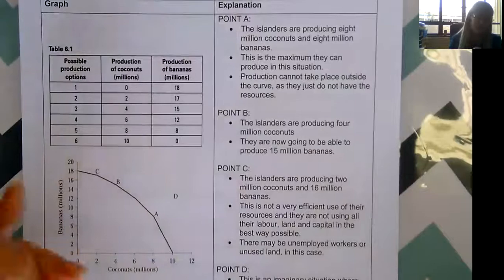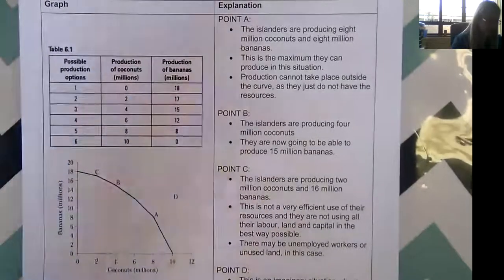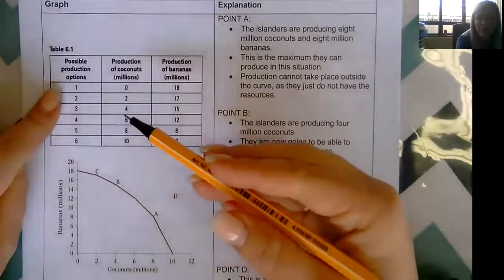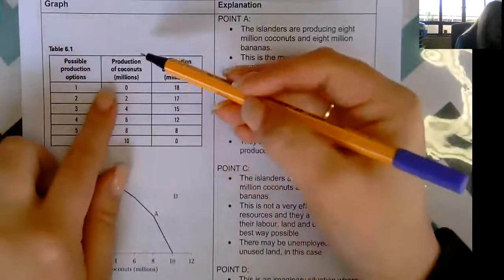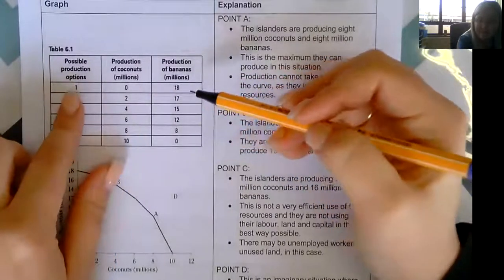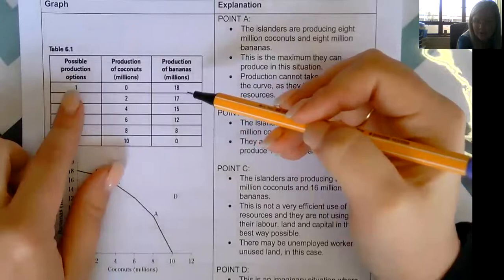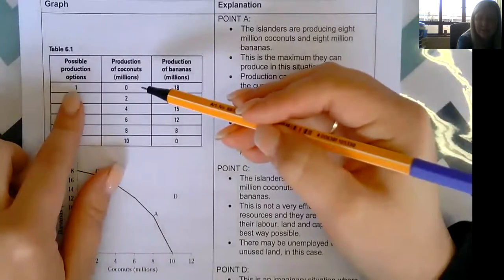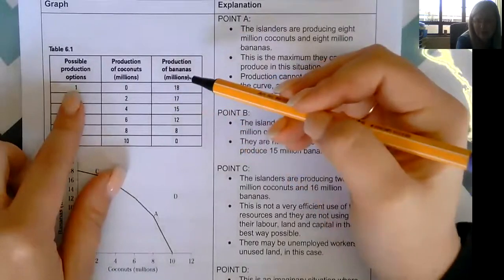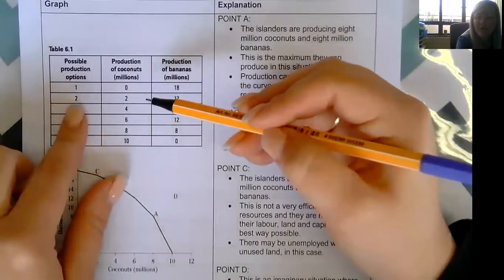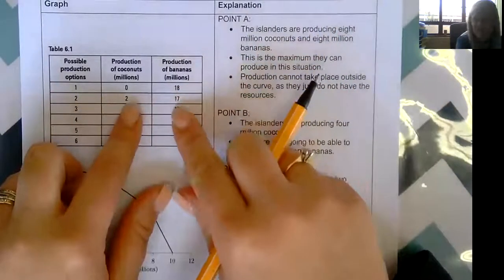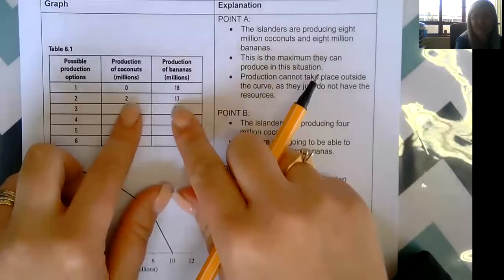Now, first of all, we must be able to plot this. So in this production possibility example, you can have coconuts and bananas. You can either have 18 bananas and 0 coconuts. But now you're thinking, no, I would like to have some coconuts as well as bananas. So now I will buy 2 coconuts, but that means I have to give up, opportunity cost, some bananas.